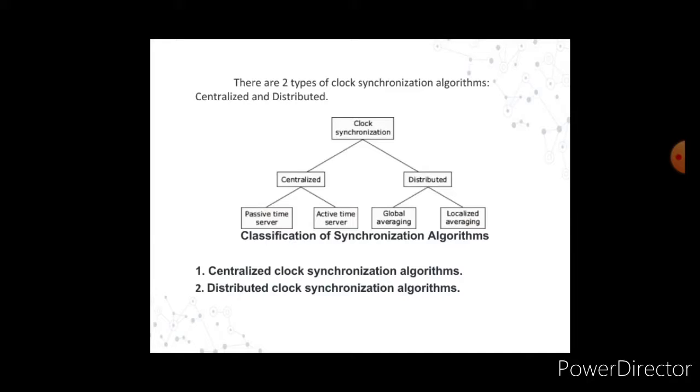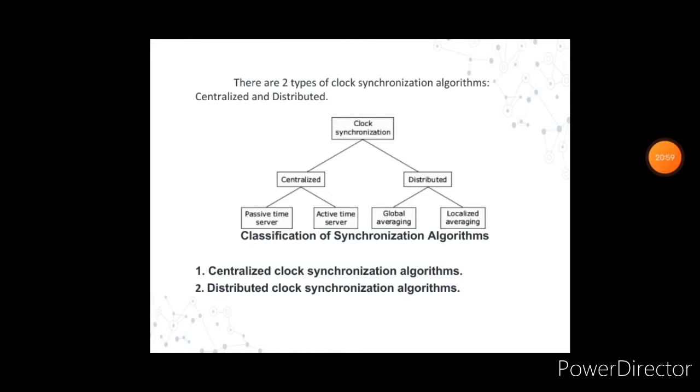The goal of this algorithm is to keep the clocks of all other nodes synchronized with the clock time of this time server node. Depending on the role of this time server node, centralized clock synchronization algorithms again consist of two types: passive time server and active time server.